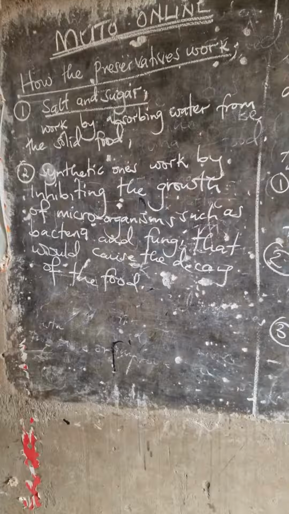So sodium benzoate, ascorbic acid, and sodium nitrite work by inhibiting the growth of these microorganisms.